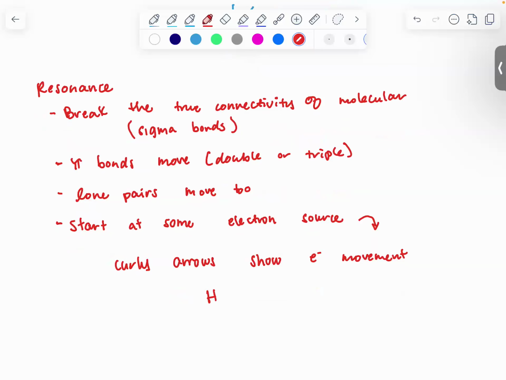So you wouldn't start your arrow here. You would start it at a source of electrons, like the lone pair indicated with this formal charge.